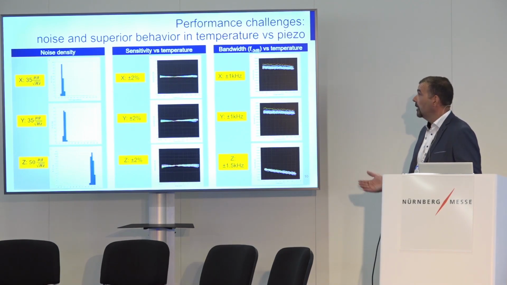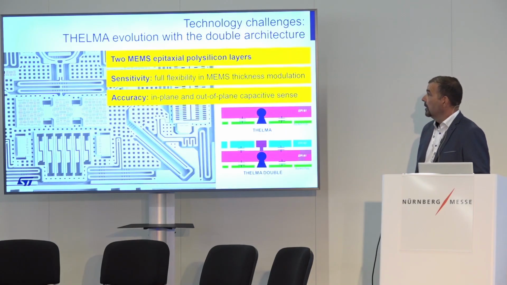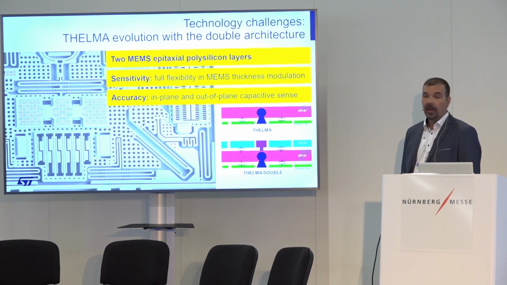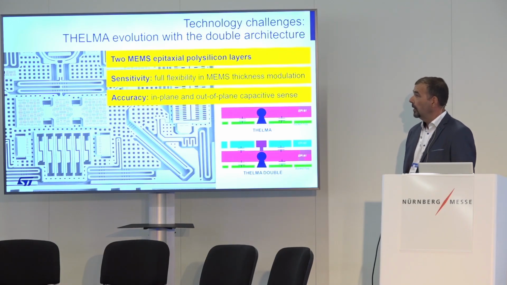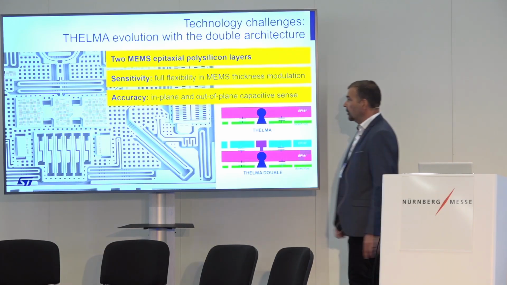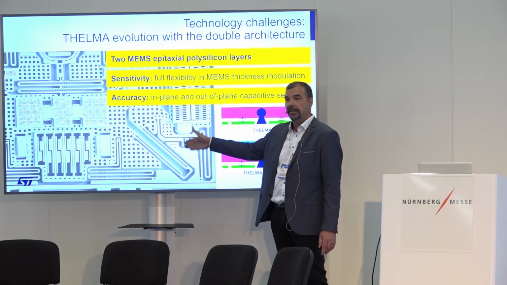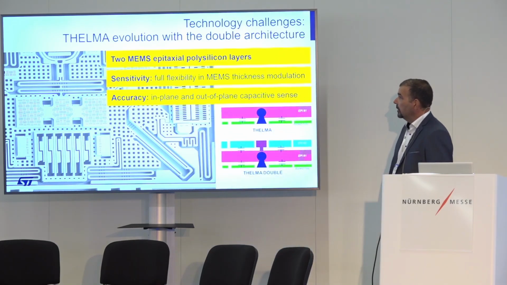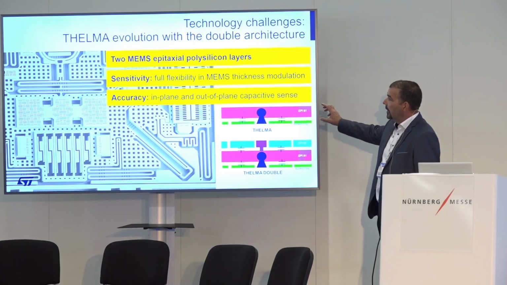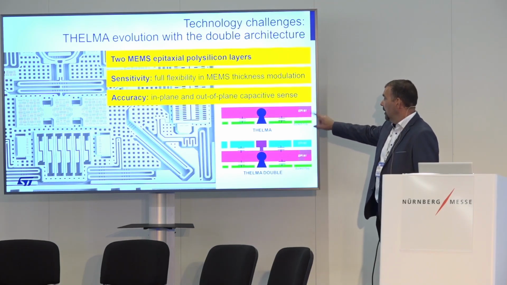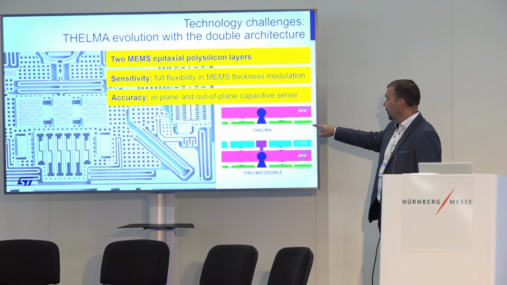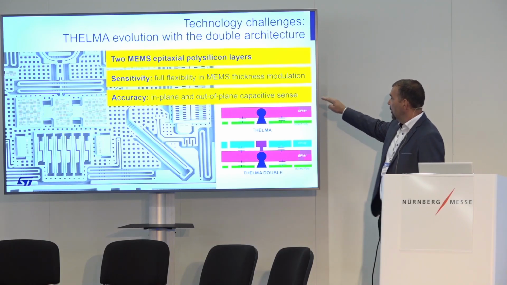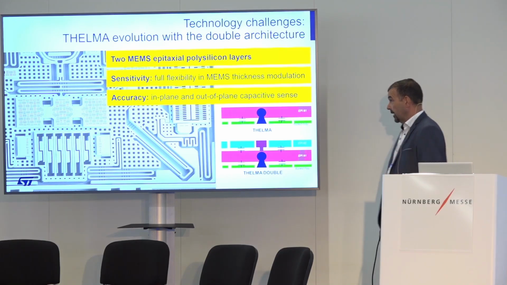It was not in our previous generations. I will touch a little bit on the technology we are using. The technology we are using in our company is called TELMA technology, and it is how we create the 3D structures in the silicon. In typical MEMS technology, you have one buried polysilicon layer and one epipolysilicon layer.